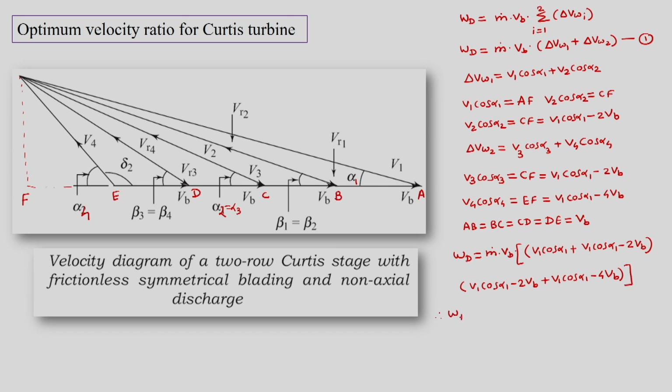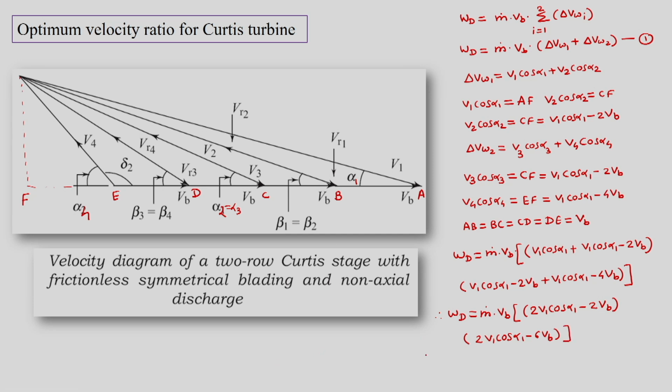So we have Wd equal to m dot into Vb, and for the first stage twice V1 cos alpha 1 minus twice Vb, and for the second stage twice V1 cos alpha 1 minus 6 Vb.